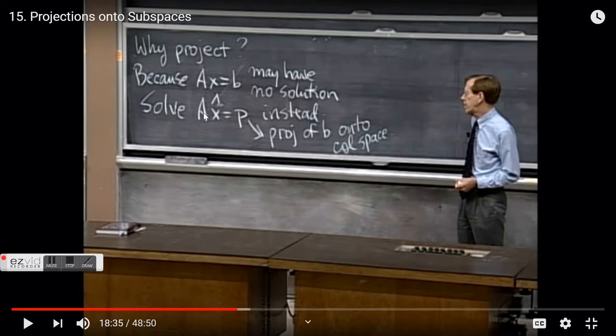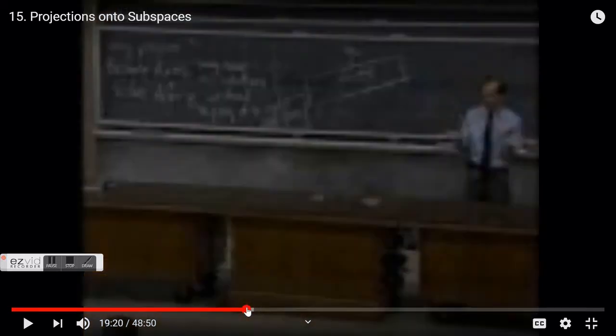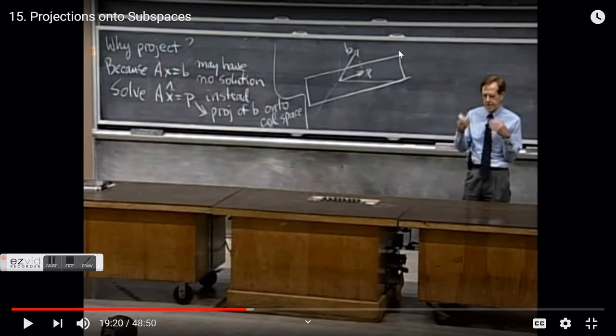So how do we find the projection of B onto the column space of A, where A is not a line right now? It could be a plane or something different than a plane, but it is not one dimensional. So in that situation, we cannot use a number divided by a number the way we did last time. Okay, so we will go for the solution now.